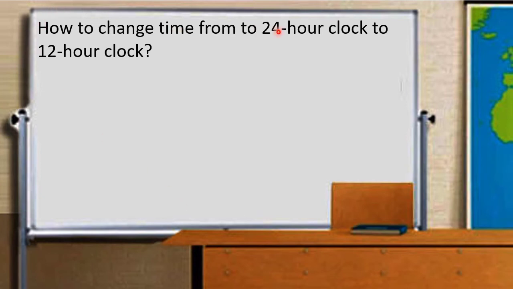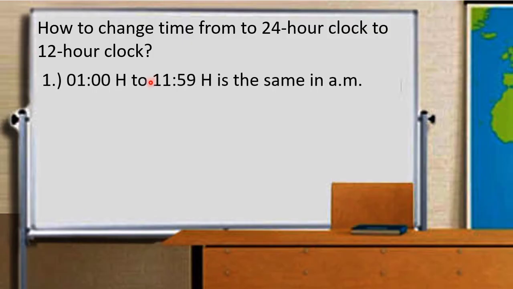How to change time from 24-hour clock to 12-hour clock? First, from 0100 hours to 11:59 hours is the same in AM. Okay, so kapag ang given hours natin na nasa 24-hour clock format is from 0100 hours to 11:59 hours, kokopyahin mo lang siya and then papalitan mo lang si H ng AM.